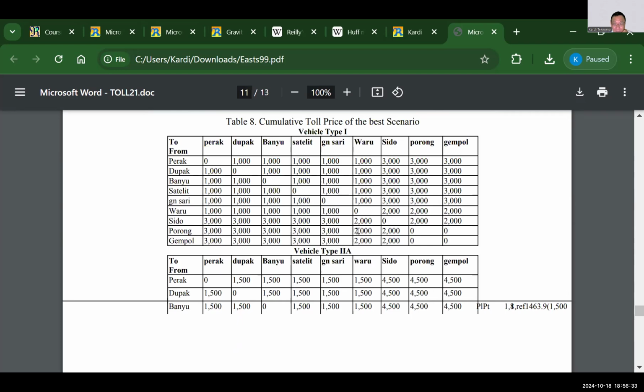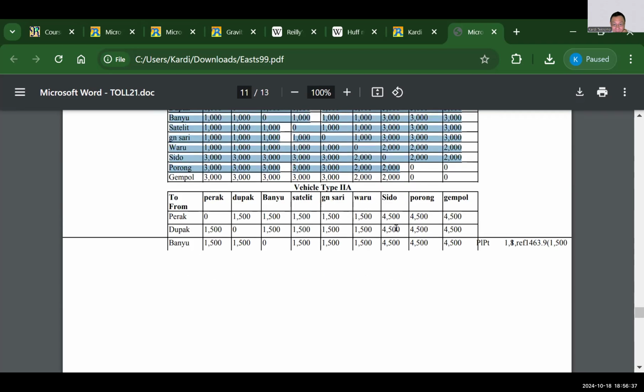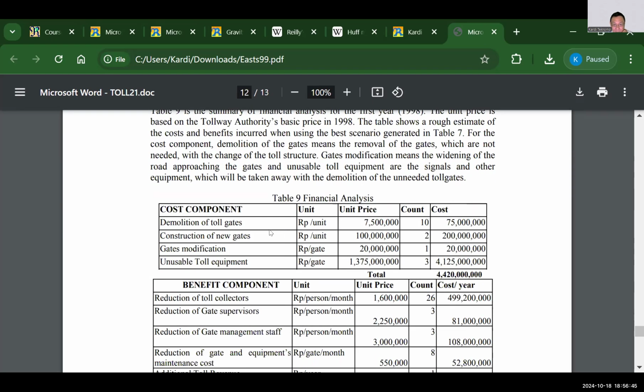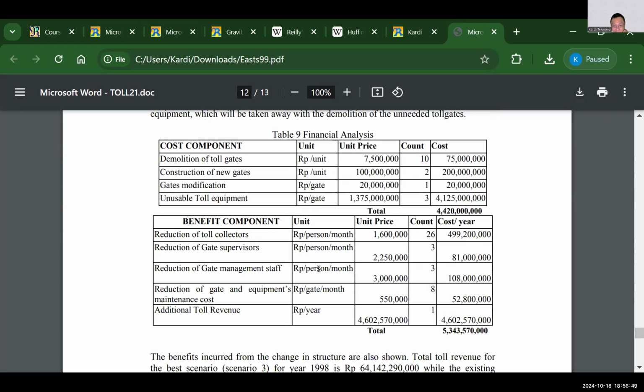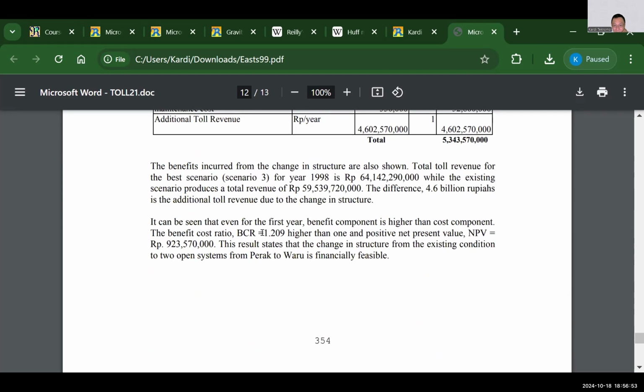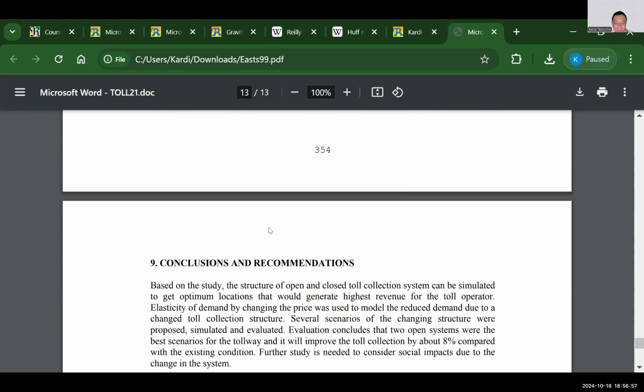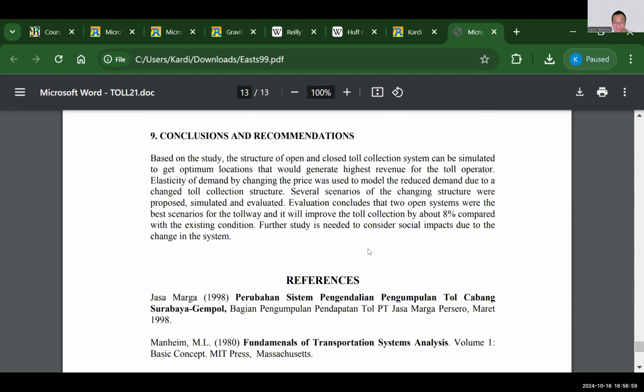And these are the toll prices at the time that we proposed. Based on that, we can calculate the cost and benefit. And these are the PCR and NPV, in rupiah at the time. And that's it.